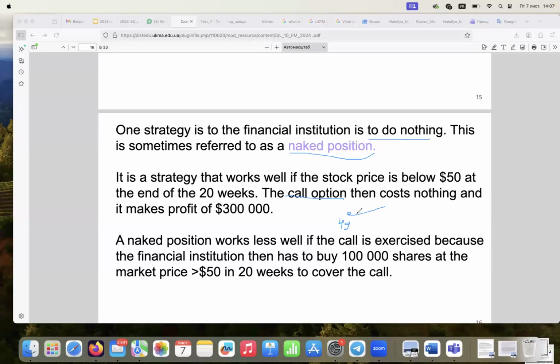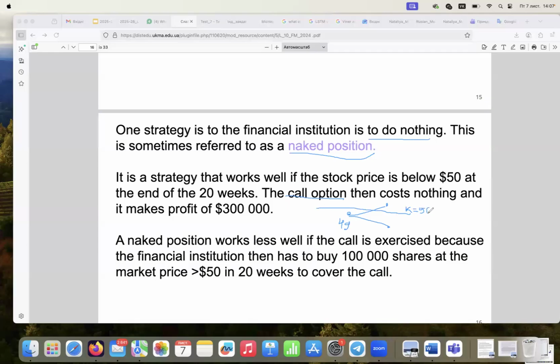And there are two scenarios. The strike price K is 50.